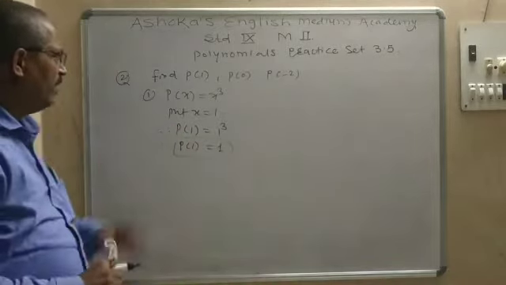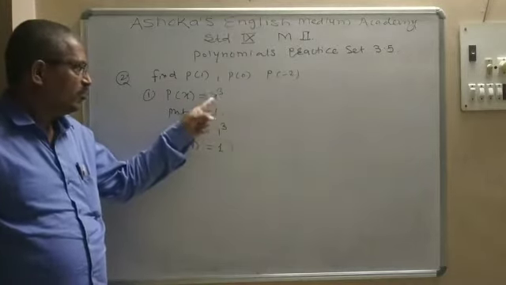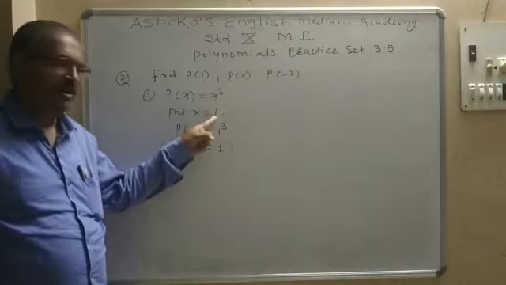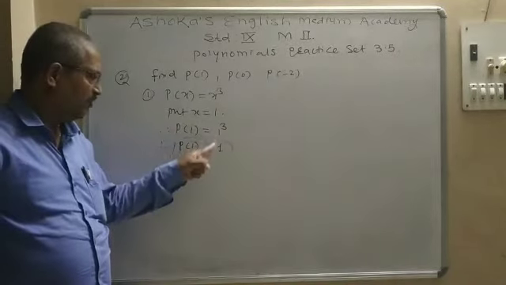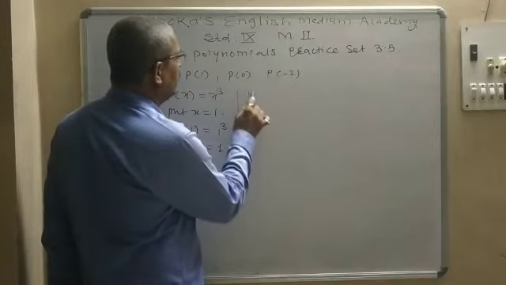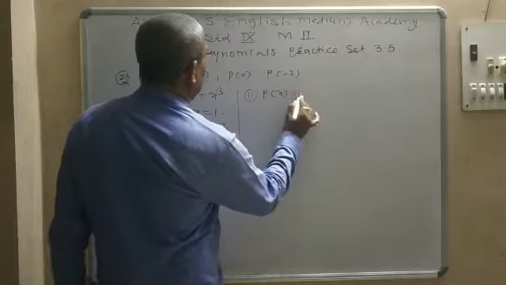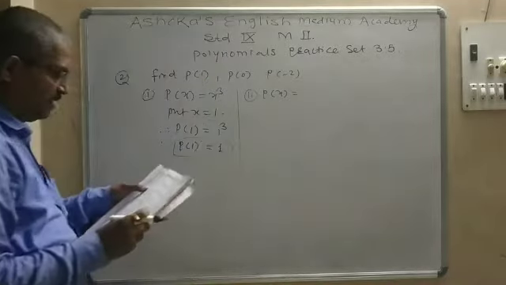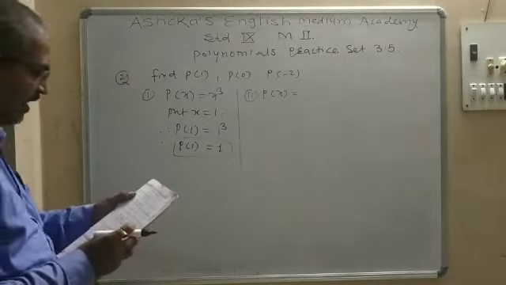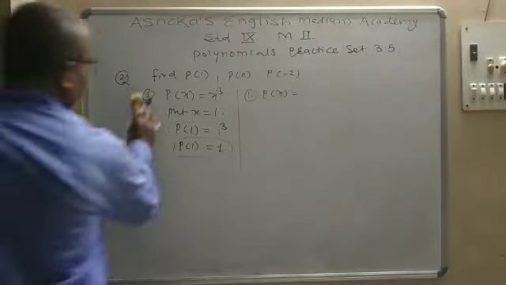Find p(1) for the polynomial p(x), which is x raised to 3. In the place of x we have kept 1 and therefore its answer is 1. Now in a similar way, for the second one, the polynomial p(y) is given to us, so we will take p(y).